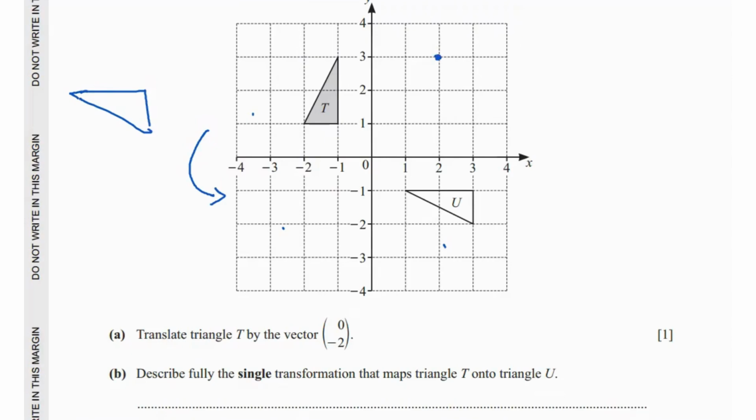What you need to do is check the horizontal and vertical distance of a point on the shape from the point that you've selected as the center of rotation. So for this, your horizontal distance is 3, vertical is 0.